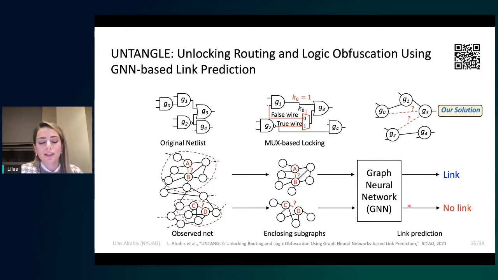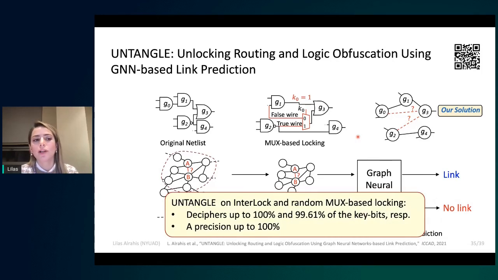Using this, we are able to break some state-of-the-art logic locking techniques that were unbroken by any other attack. Just to give you a feel of how powerful UNTANGLE is, we were able to break InterLock, the state-of-the-art logic locking scheme, and random MUX-based locking.